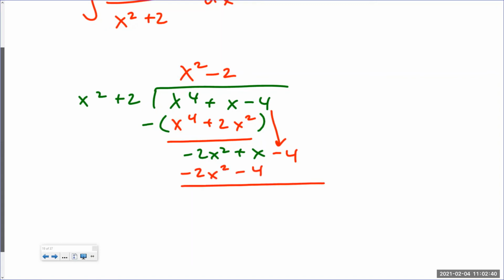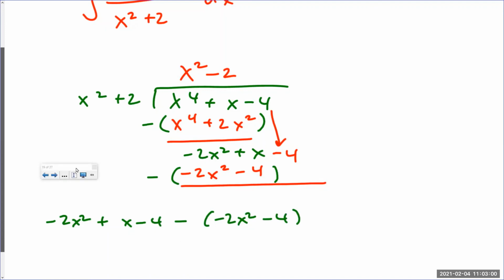Good so far? Okay. So then, again, this is super hard to do vertically. So let me change it horizontally. Now I have negative 2x squared plus x minus 4 minus negative 2x squared minus 4. Some of you guys probably are not doing as many steps as I am. Okay, so this is going to be x minus 4 plus 4.